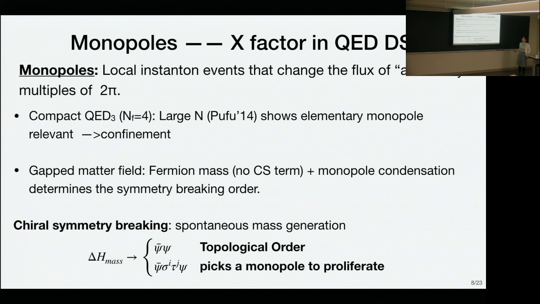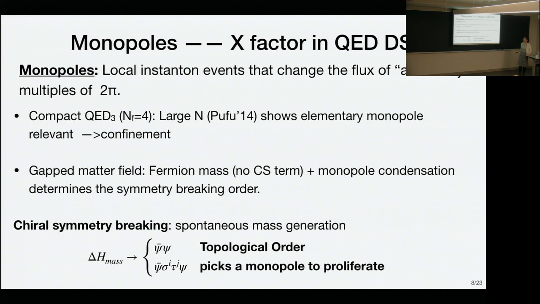So this will always flow to confinement, namely monopoles will always proliferate. And the resulting state actually depends crucially on the mass and the monopole that gets condensed. Namely, the symmetry breaking pattern depends on both the mass and the monopole symmetry quantum numbers.